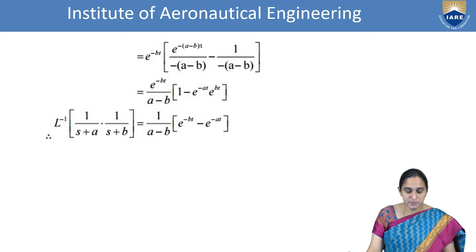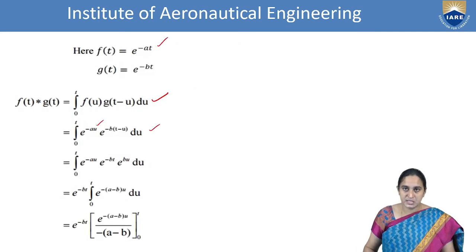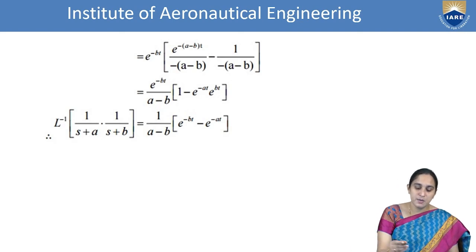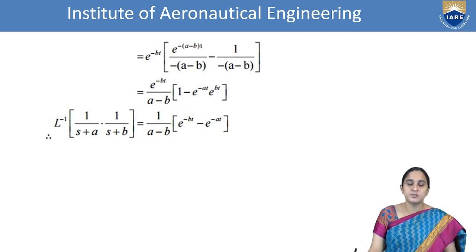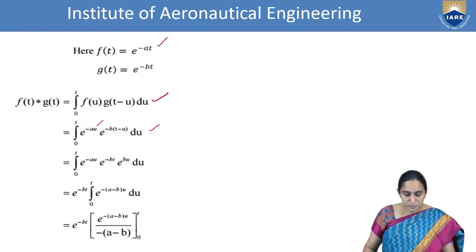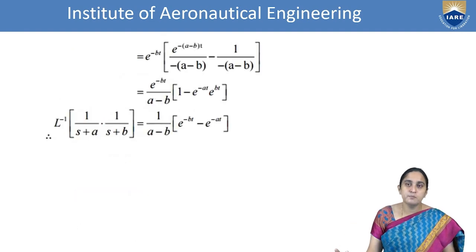Then e power minus bt. Now substitute the limit points. The upper limit is t and the lower limit is 0. That is e power minus bt into e power minus (a minus b) t by minus (a minus b), minus the lower limit: e power 0, which is 1, by minus (a minus b).